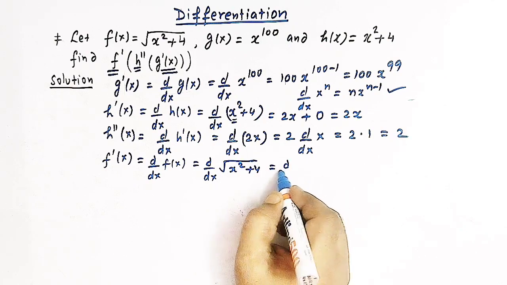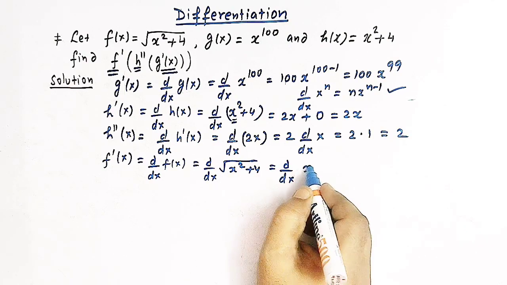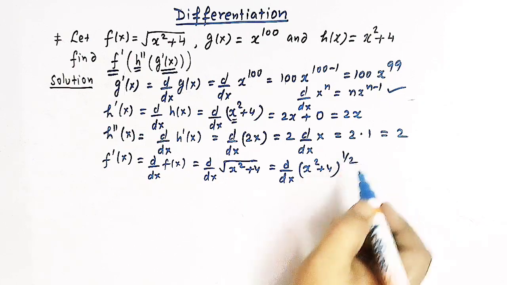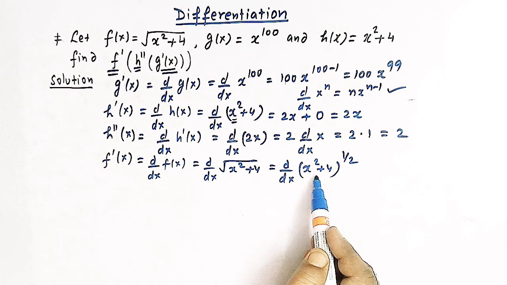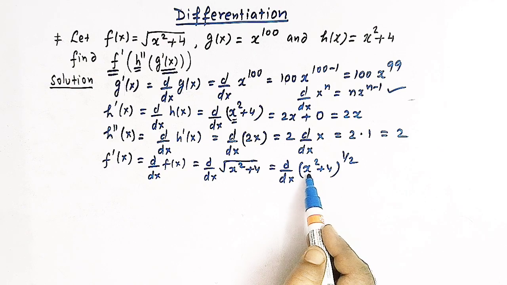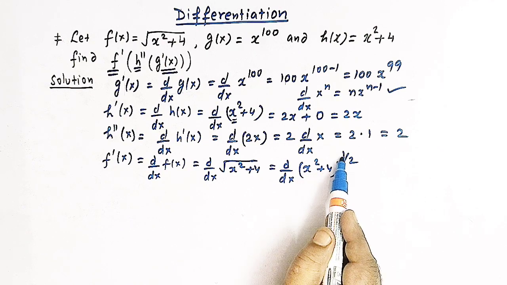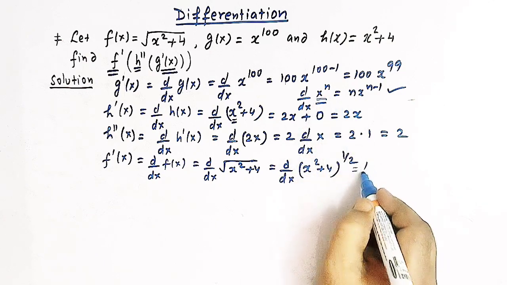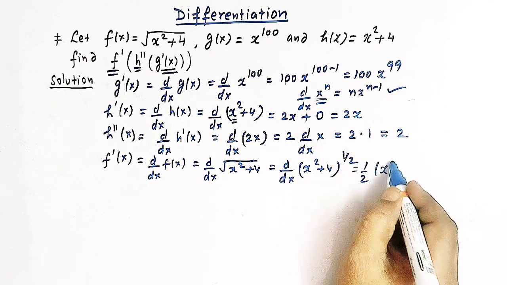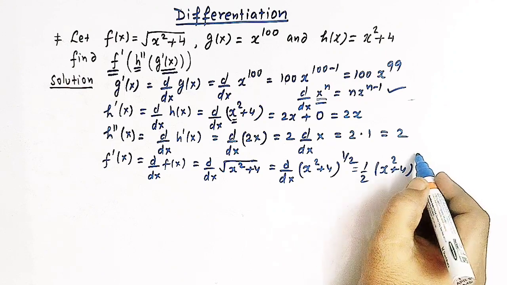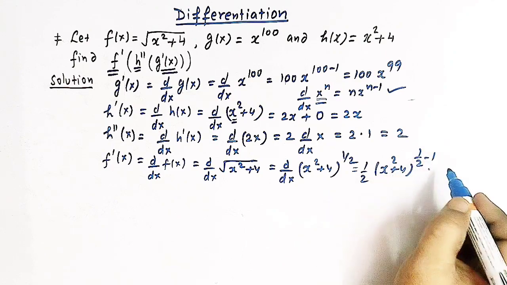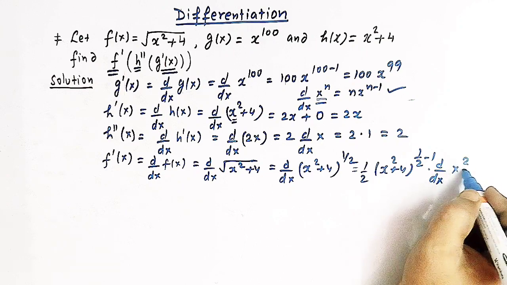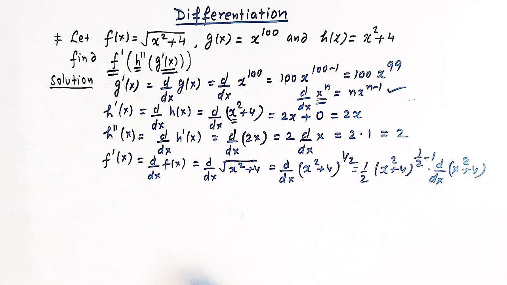And here we can write d by dx of x square plus 4 raised to a half. Again, to get the derivative of x square plus 4 raised to half, we'll use the power rule. So we have half, and then x square plus 4 raised to half minus 1, and by chain rule we have d by dx of x square plus 4, right?